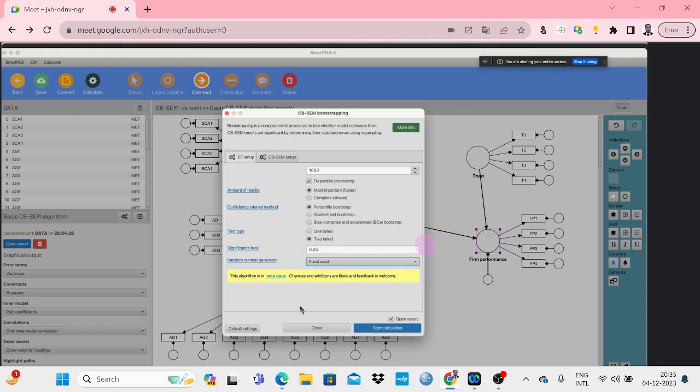The seed is basically a starting point from which the computer starts to generate random numbers, and bootstrapping is a randomization process through which we generate a distribution from the sample data so that we can generate statistically significant values.